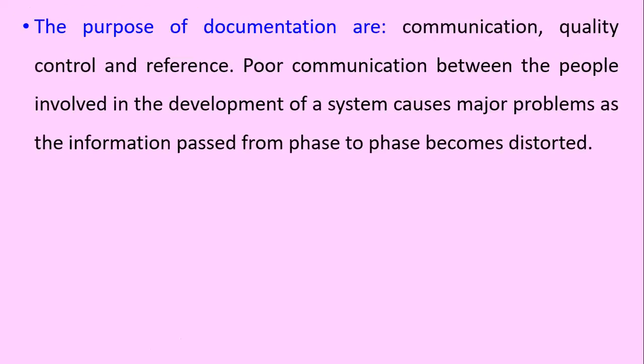The purpose of documentation is therefore for communication, quality control, and reference. Poor communication between the people involved in the development of a system can cause major problems, as the information passed from one phase to another may become distorted.